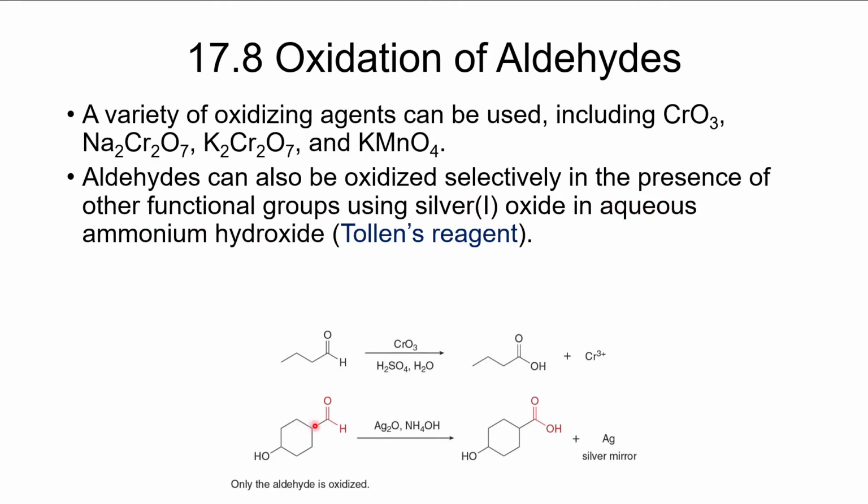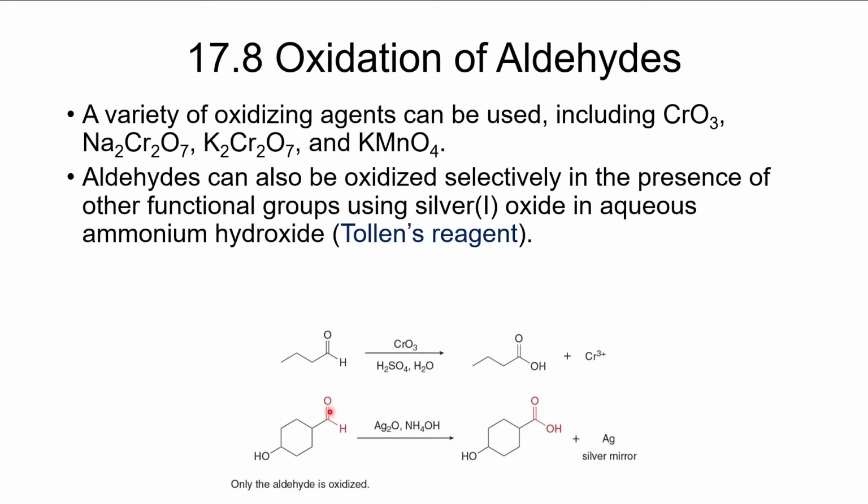What's cool about this is that here we've got an aldehyde that we can oxidize with the silver 1 oxide and the ammonium hydroxide solution, and it will oxidize that aldehyde to the carboxylic acid, but it will leave the secondary alcohol alone. It'll leave all your alcohols alone. It'll only oxidize the aldehydes, which is pretty cool.